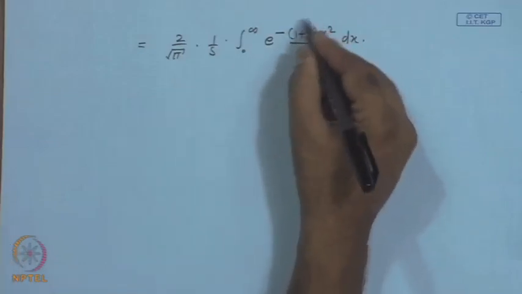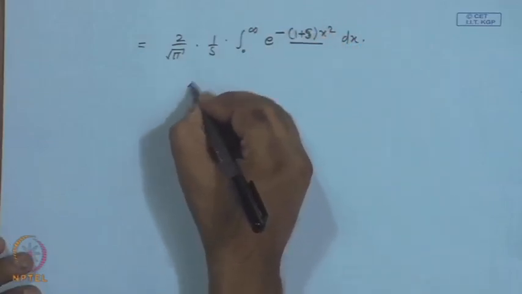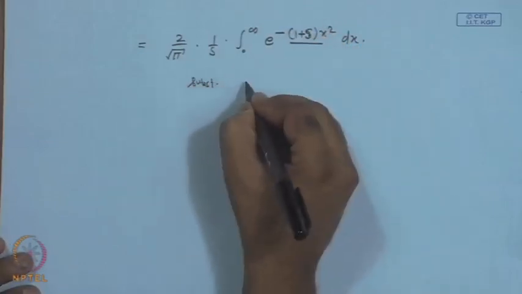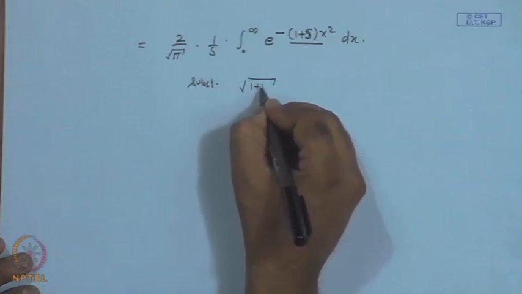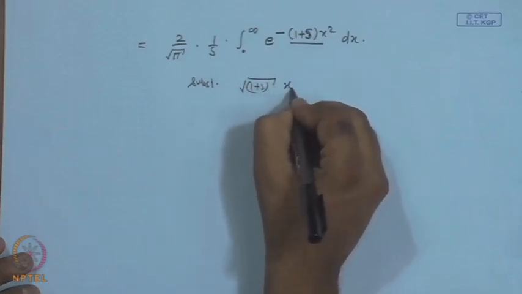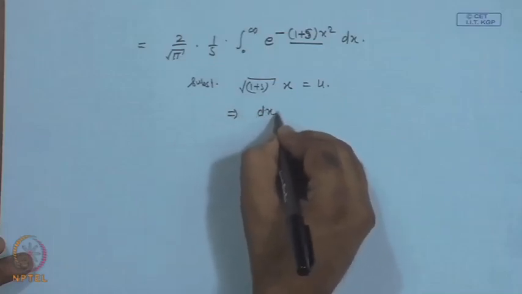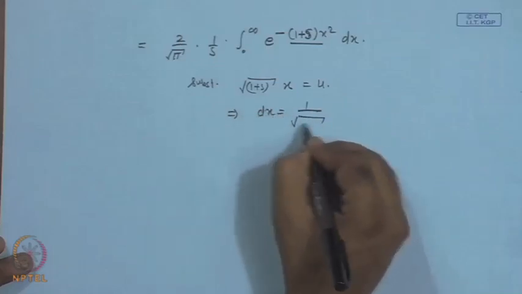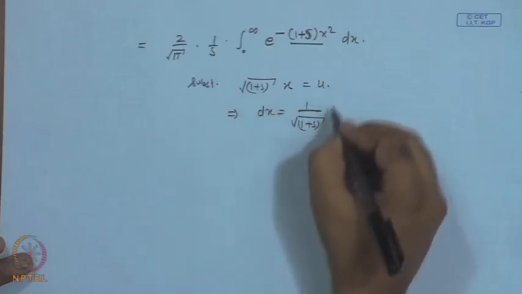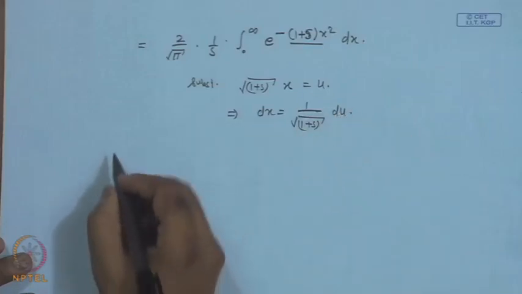Now, we want to make a perfect square here. So, we substitute square root of 1 plus s times x as a new variable u. So, that dx is 1 over square root of 1 plus s times du.